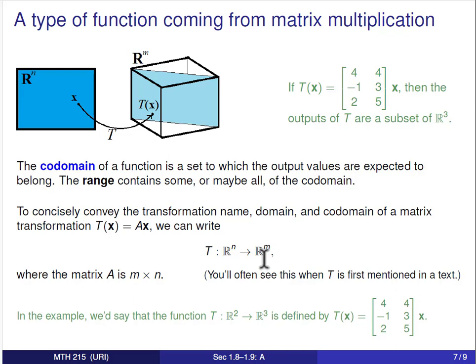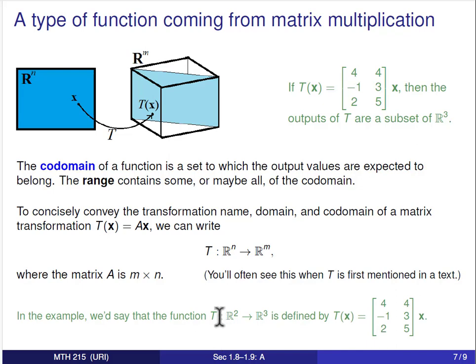Rm. Okay? Now, when you see this written in practice, it's often that you see both of these things appearing in the same sentence. So in the example that we've been working with, we would say that the function T mapped from R2 to R3 is defined by T of x is equal to the matrix times x.